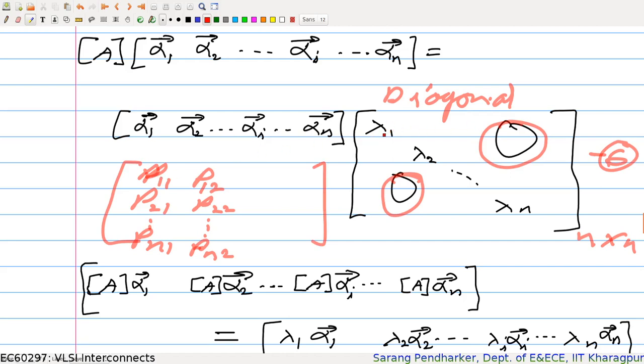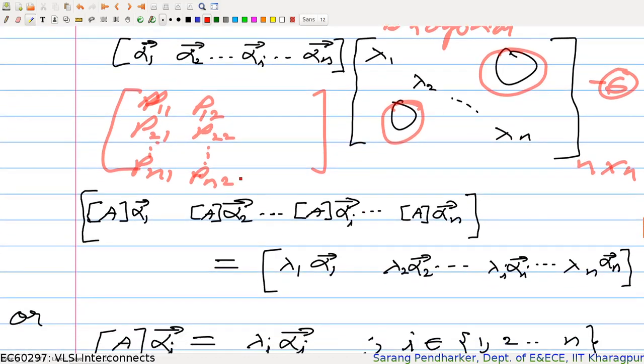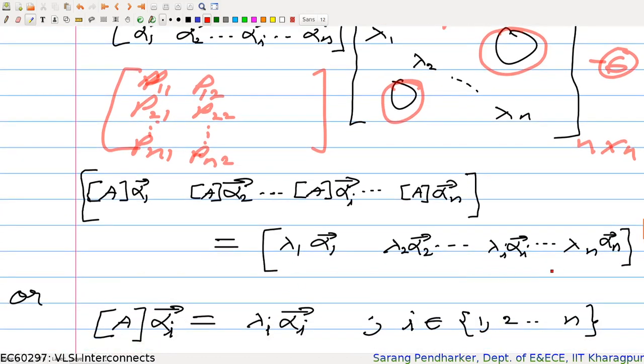I will get P11 into lambda 1 as my first entry, and all other multiplications and additions for the first entry would be 0. Similarly for the second entry, I will get simply P12 into lambda 1, and irrespective of the other elements of this row, I will get only that. So the first entry of my second row would be P12 into lambda 1. So if I do this, I can also write this as a multiplication like here.